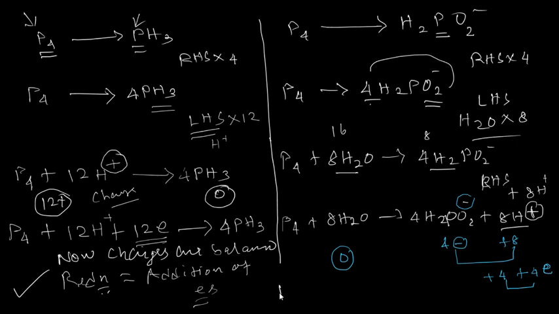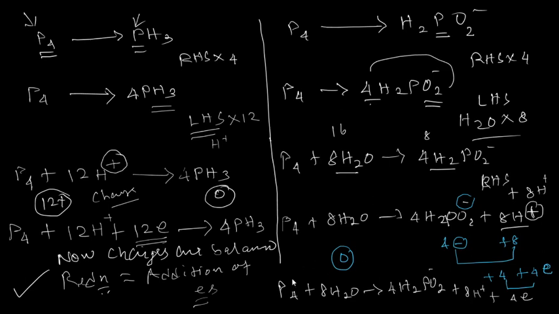So now the oxidation reaction is also balanced, but as I said in the beginning, we have to balance the OH minus ions here. So we have to add OH minus ions on both sides of the reaction. So that is our next step. So the reaction is P4 plus 8H2O gives 4H2PO2 minus plus 8H plus plus 4 electrons.